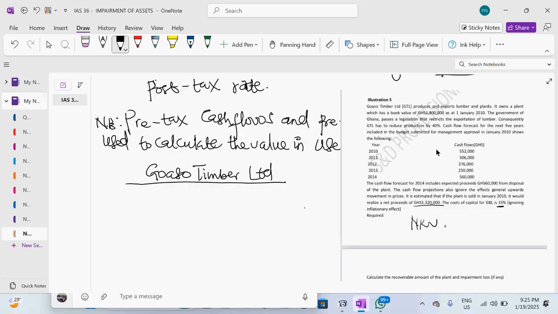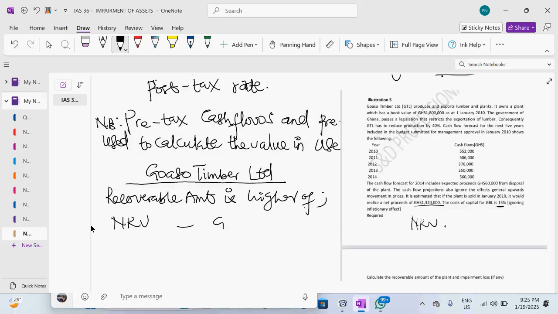The cost of capital is 15%, ignoring inflation effect. So we know that the recoverable amount is what? The higher of net realizable value and value in use. What is the net realizable value? That is fair value less cost to sell.